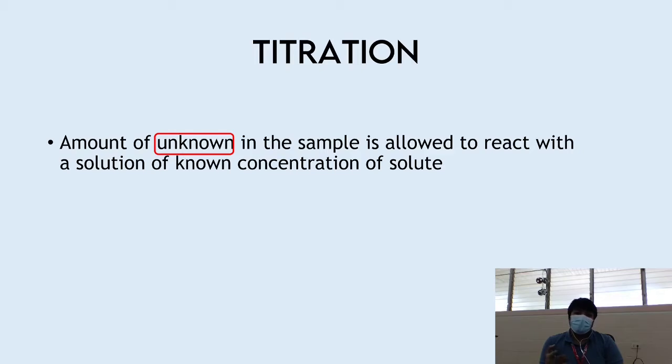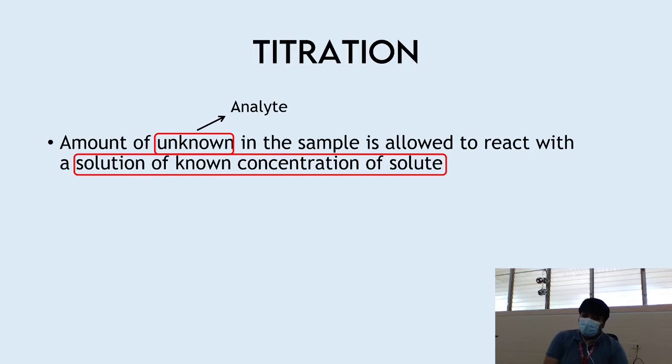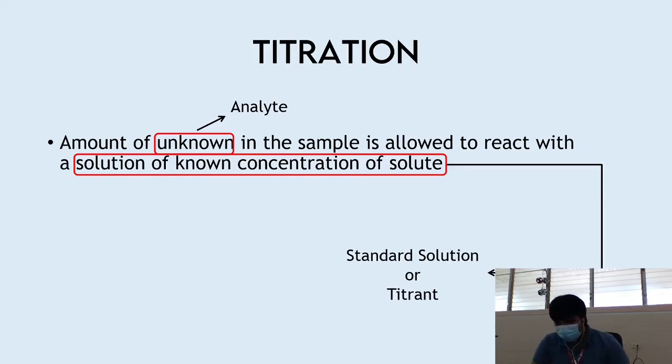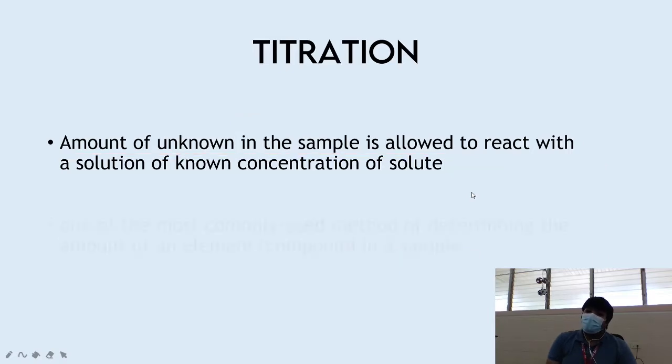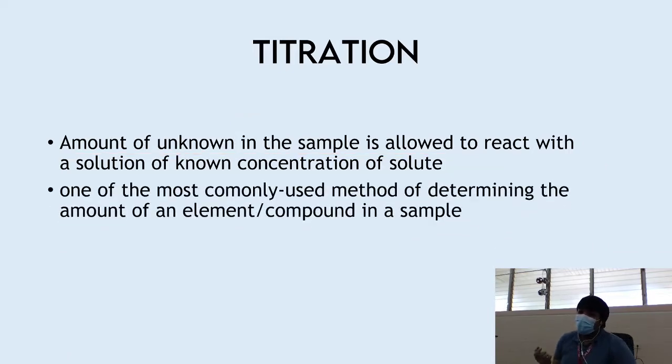That unknown pure substance, whose amount you do not know, is what we call the analyte, and that solution of known concentration is our standard solution or titrant. Despite the numerous modern techniques of quantifying the amount of analyte in a sample, it is still one of the most commonly used methods of determining the analytes.